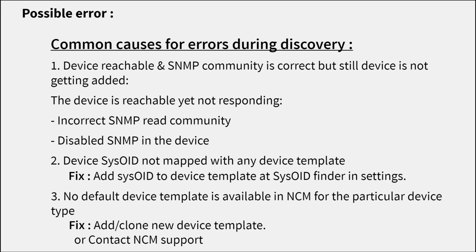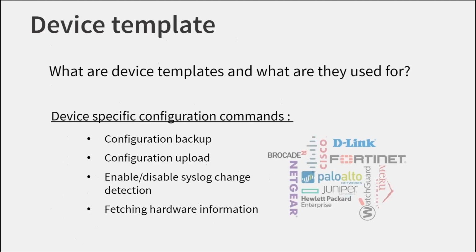So before I show you how to clone or add a device template, let me talk a little about device templates. So what are device templates and what are they used for? Device templates contain the basic commands for network operations like configuration backup, configuration upload, enabling and disabling syslog chains, fetching hardware information, and so on.